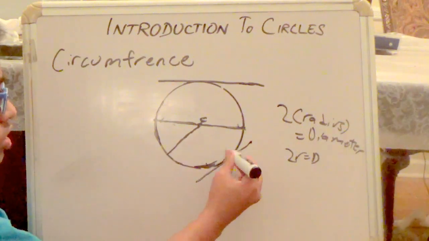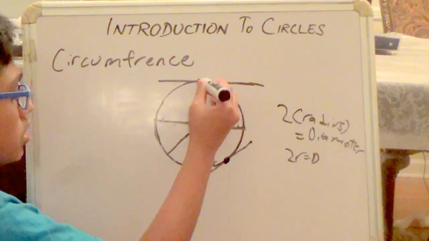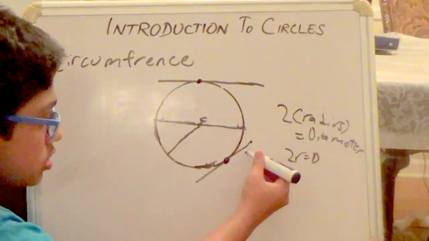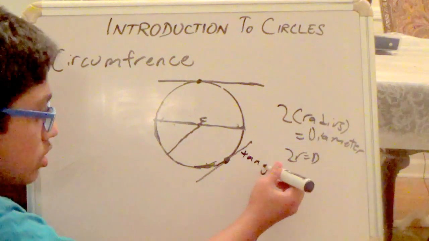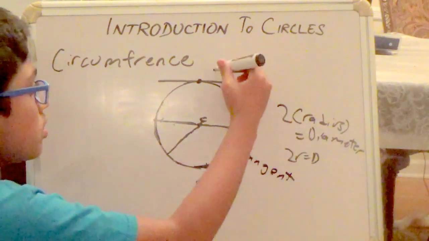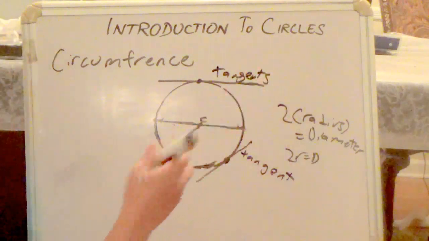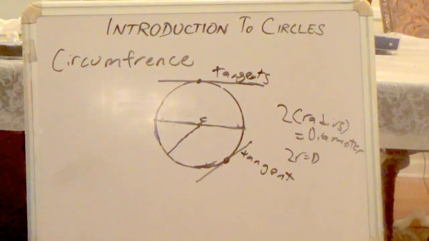So this touches a circle at this point, this touches a circle at this point. These two are tangents, okay? So that's very important.